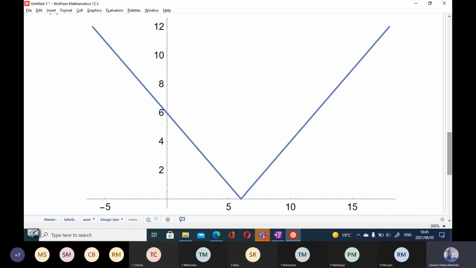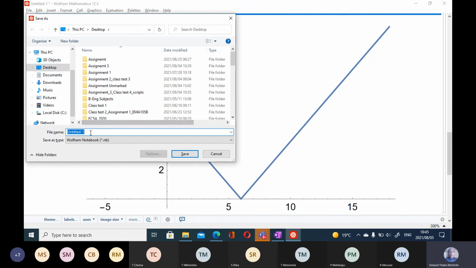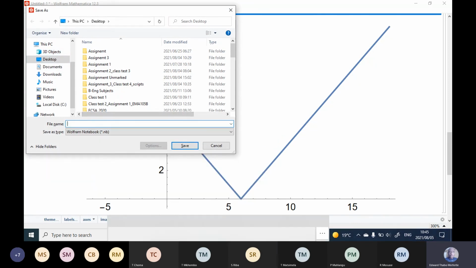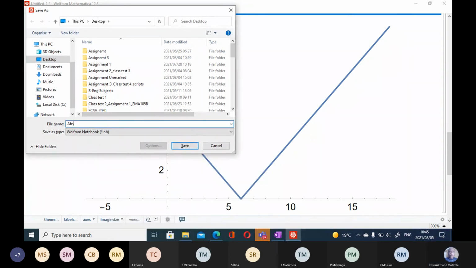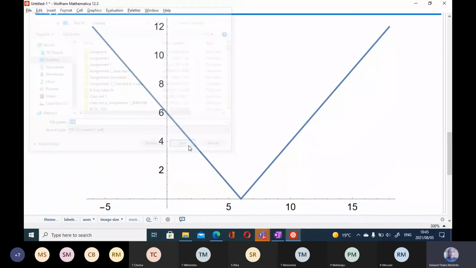Now here we are interested in the slope. So the slope this side, if you look at this point here, let's save that. We can just give it a name, absolute value. That one is fine. So we'll solve it there as a PDF, so that we'll be able to write on it.